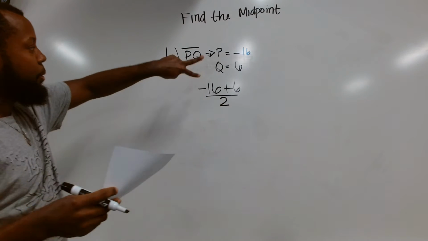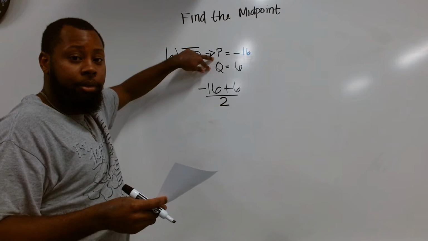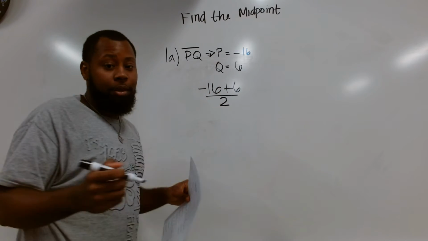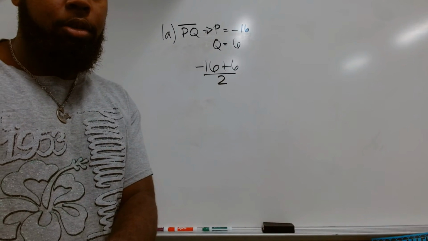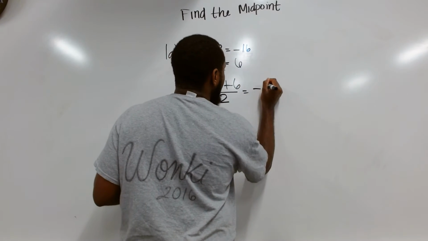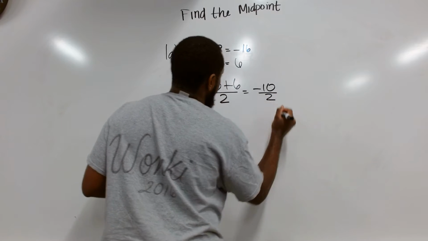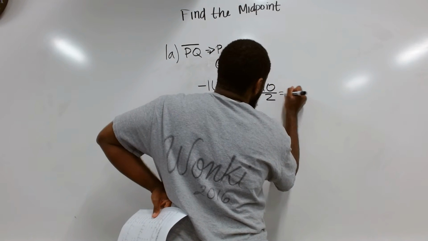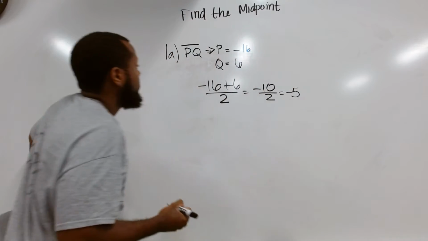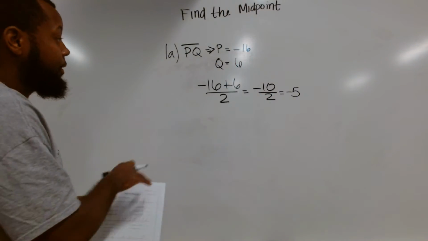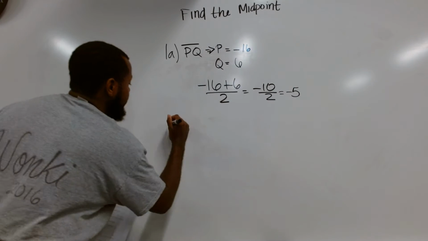To find the midpoint, you have to add these two numbers and divide by 2. So, you owe someone $16. You give them $6. You owe them $10 more. Just from our example, 2 can go into negative 10, negative 5 times. Just as right there on the paper. That's your answer. So we're going to try 1B.